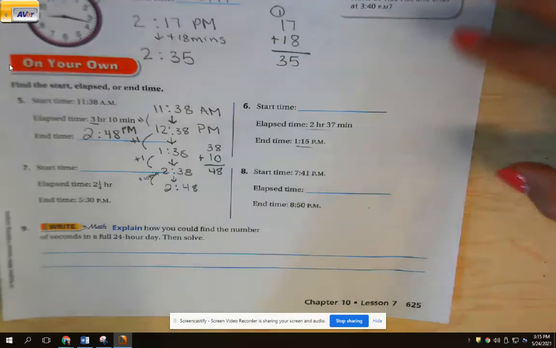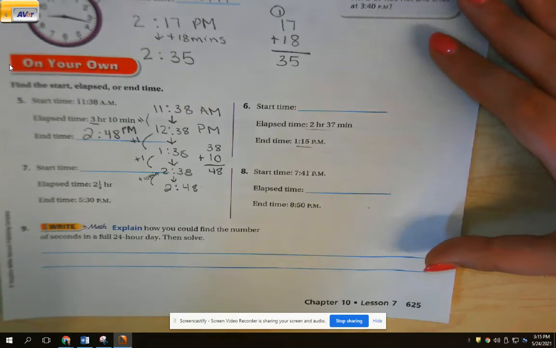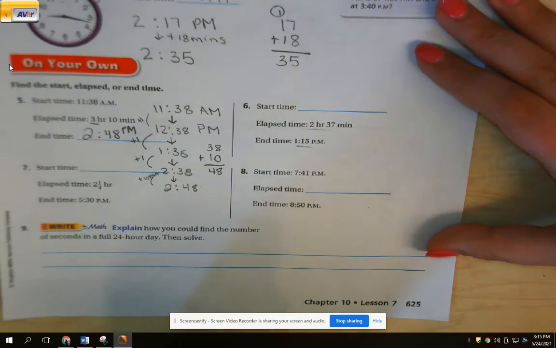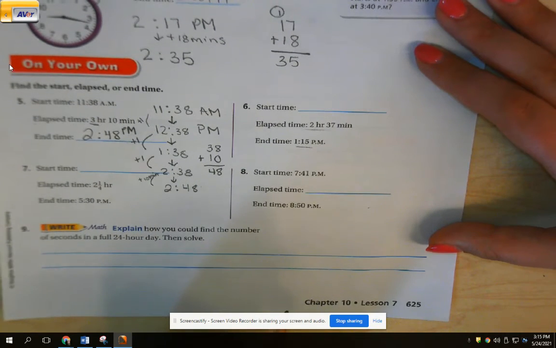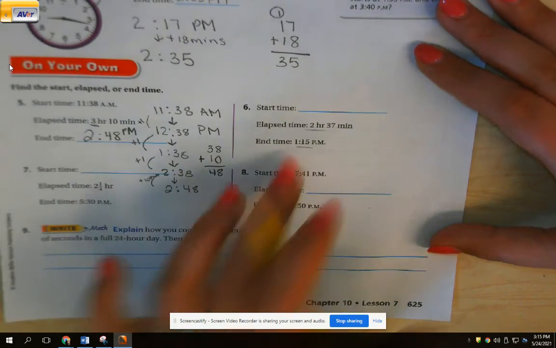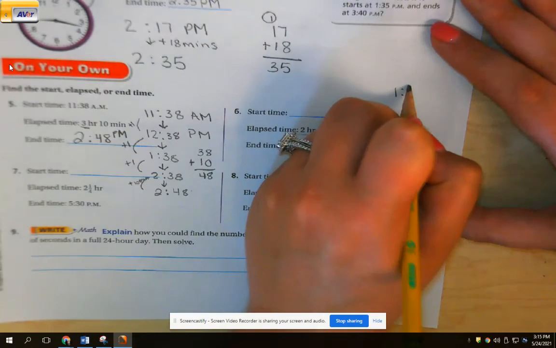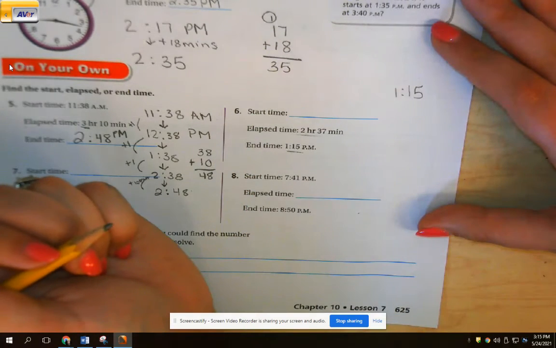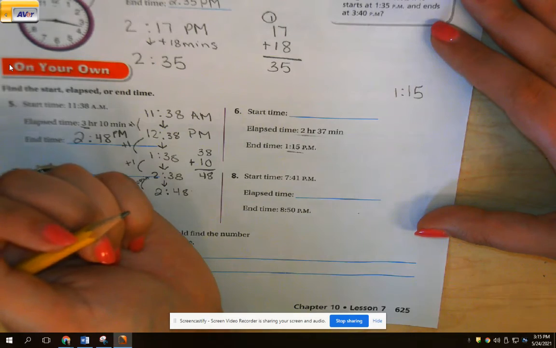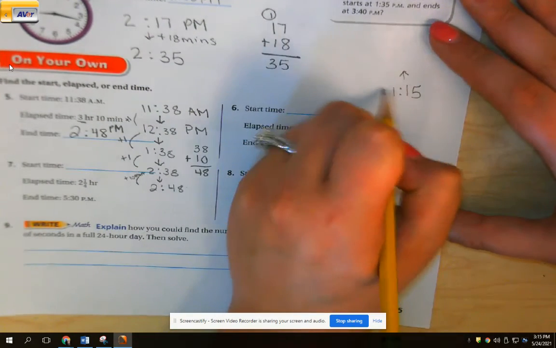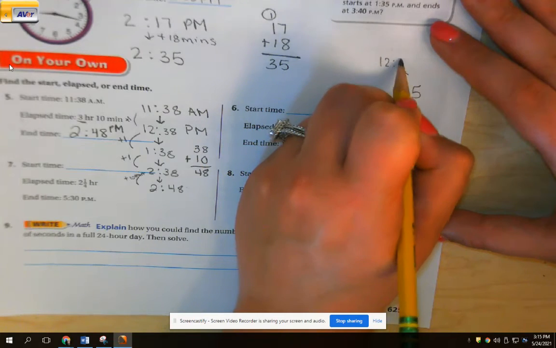So if we're going backwards, I would recommend going using the clock method. I think that would be a little bit easier. So the easiest part to this would be to go backwards the 2 hours. So an hour before 1:15 p.m. would be 12:15.